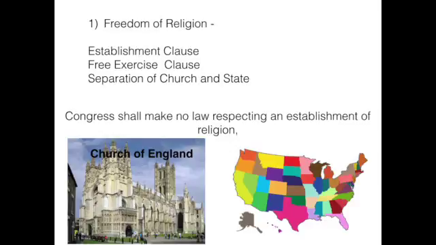It was a state-run religion, and people didn't want to do that. Think about all the Puritans and the separatists that ended up in New England. So the very first thing they want to make sure is that the government will not create a church-run religion. So no matter what you want, there's not going to be a Church of America.